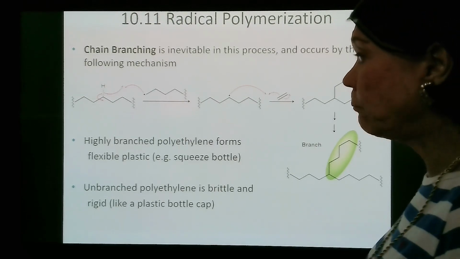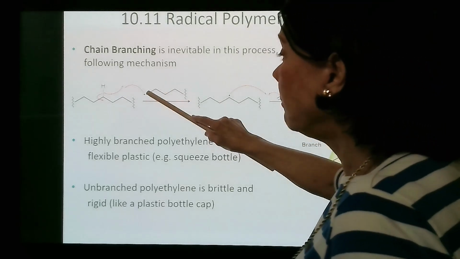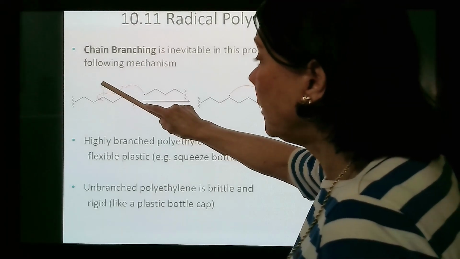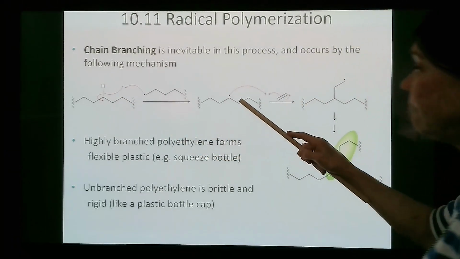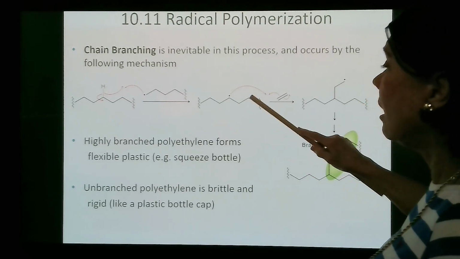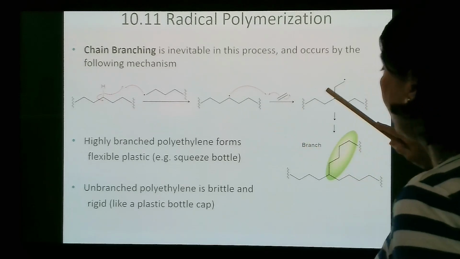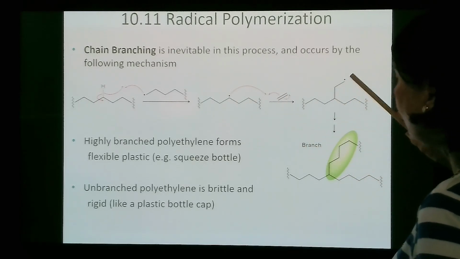You can also have chain branching, where one of the polymer chain radicals plucks off H dot, and instead of having your radical center at the end of the chain, now you have it in the middle of the chain, and then it reacts with an alkene, so you have the branching.